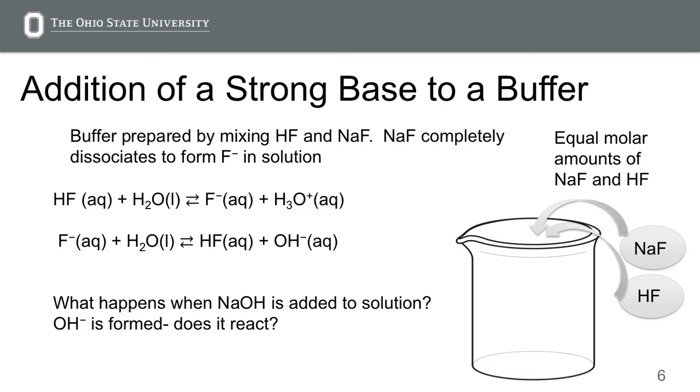What if we add a strong base? What's it going to react with? HF or F minus? It's going to react with HF. It's going to react with the acid to form water and F minus.